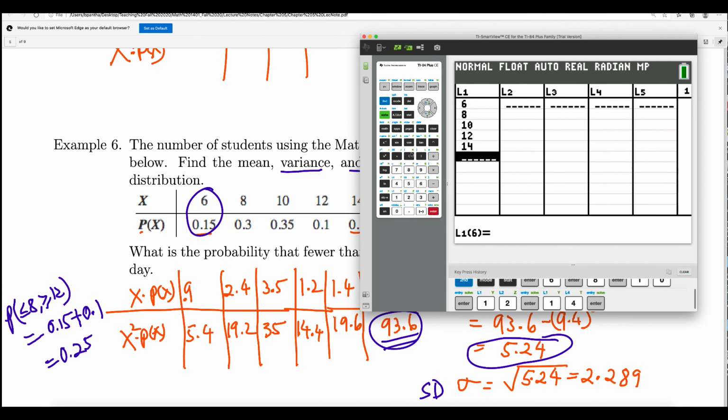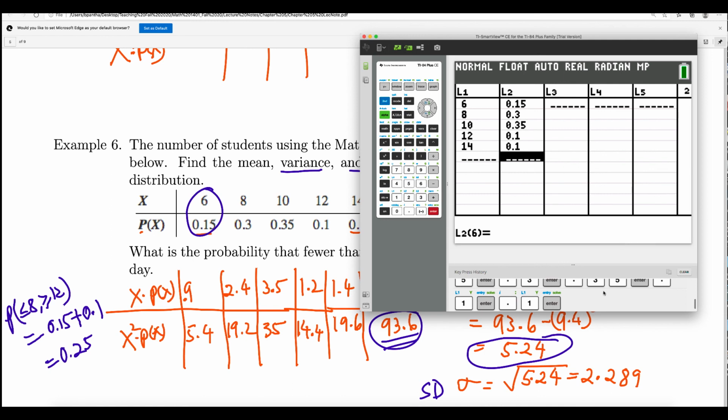Now in L2 you enter the P(x) values: 0.15 enter, 0.3 enter, 0.35 enter, 0.1 enter, and 0.1 again. So we entered x in L1 and P(x) in L2.